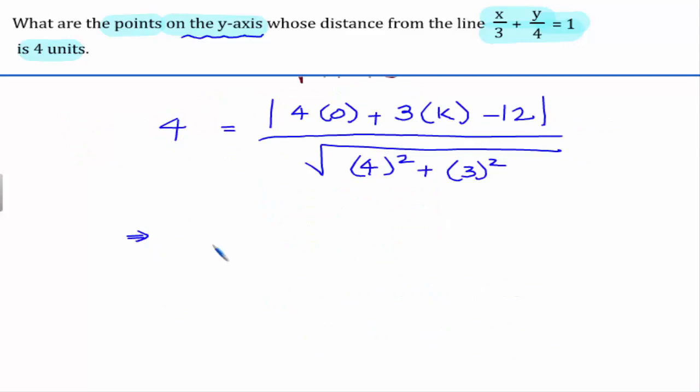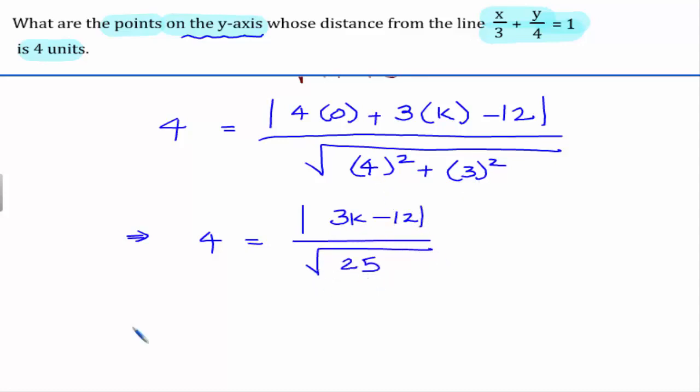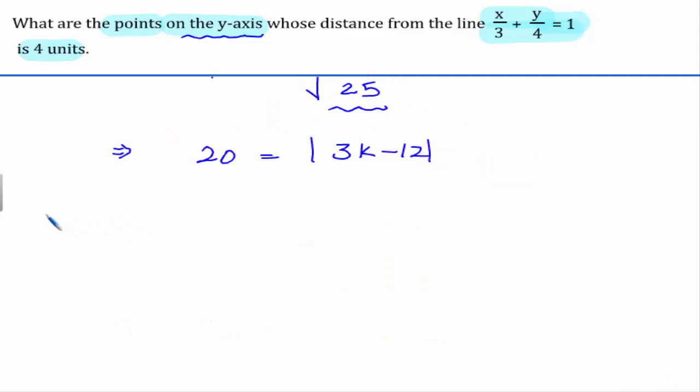Now if we simplify further, we get 4 is equal to modulus of (3k minus 12) by square root of 16 plus 9, which is square root of 25, so this is 5. If we cross multiply we get 20 is equal to modulus of 3k minus 12. Then here we get two cases: 3k minus 12 is equal to 20, or 3k minus 12 is equal to minus 20.